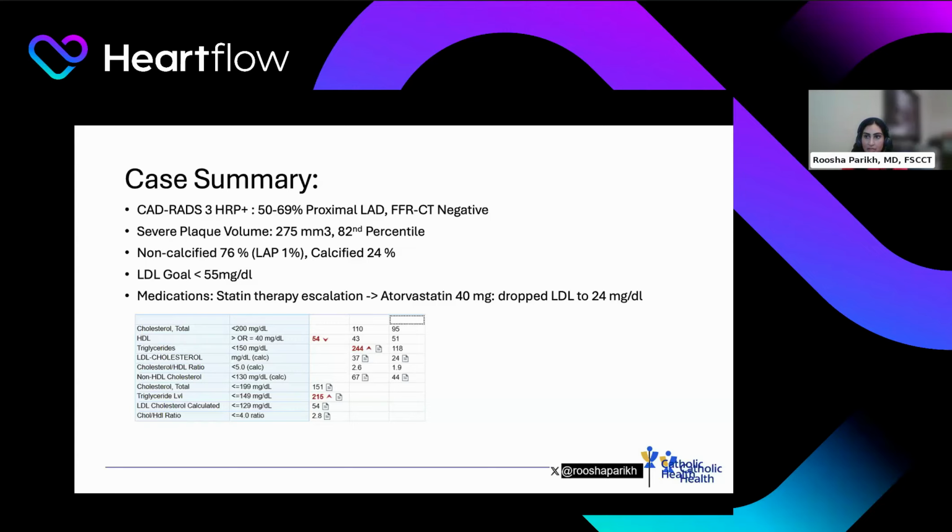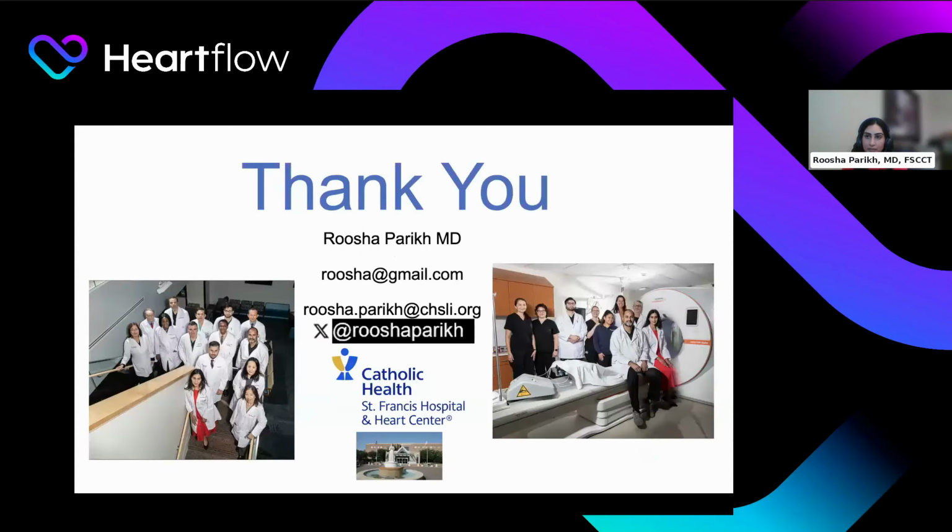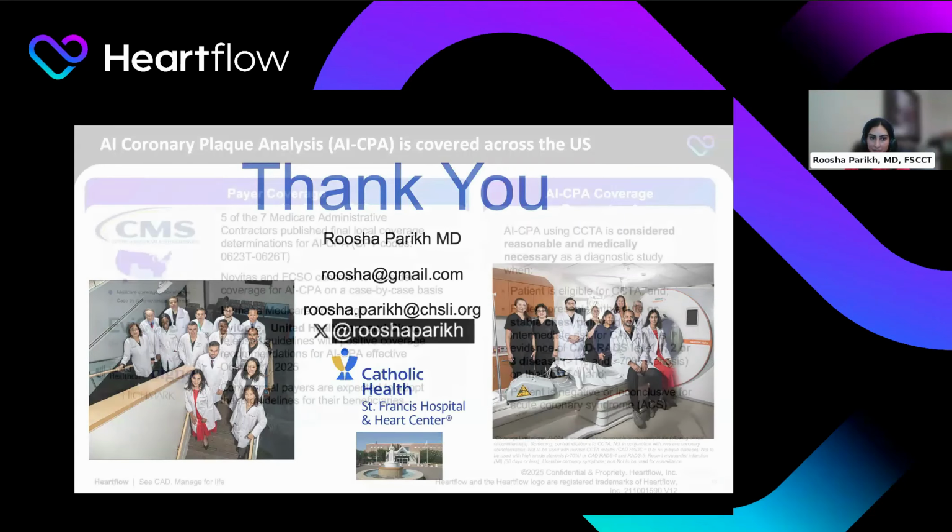However, triglycerides, which were initially on the higher side, also gradually dropped to 118. LDL dropped to 24. So this is my case. We can open up for discussion.